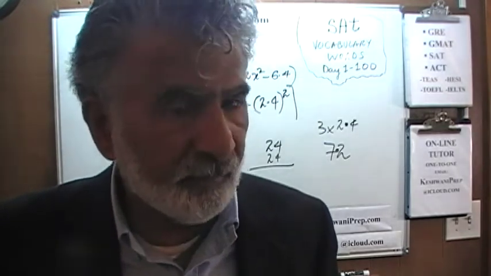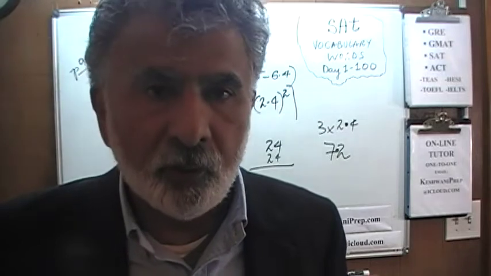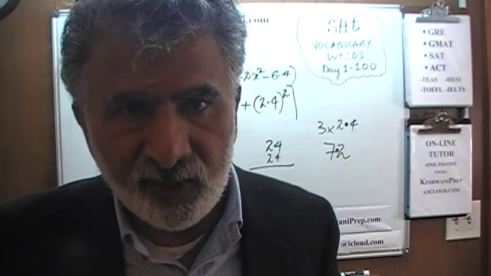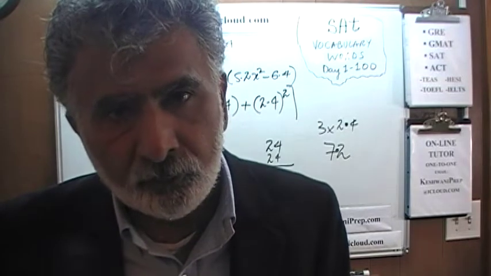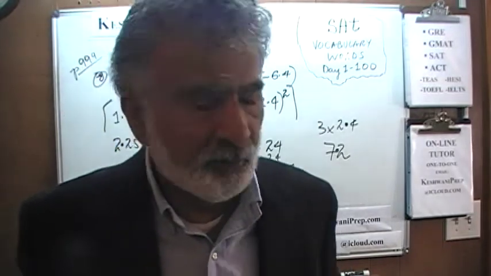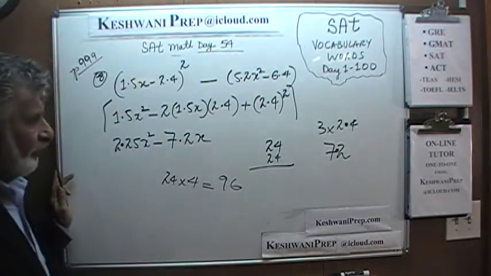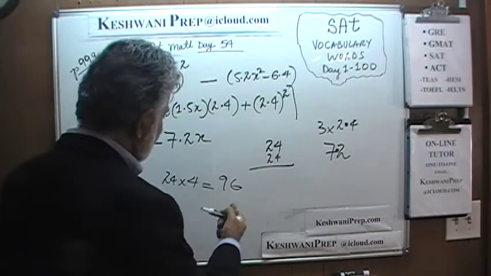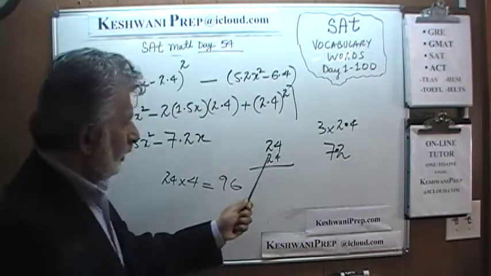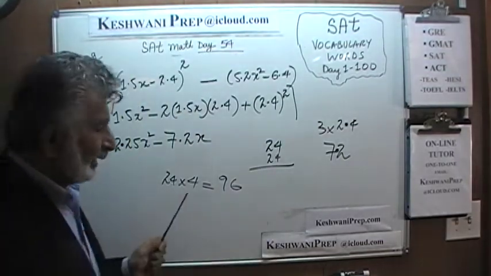If 25 fours are 100, then with only 24 fours, it should be 4 less than 100, which is 96. So 24 times 4 is 96.